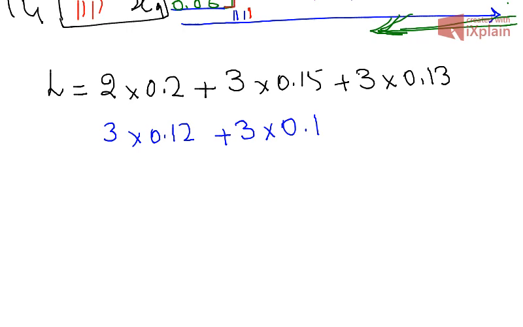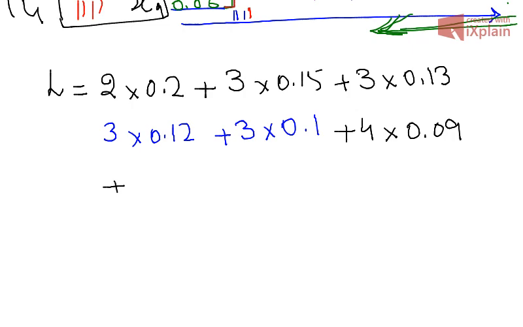Now we come to the 4-bit code word alphabets. Four bits are required to store a letter with probability 0.09, right? And that is x6. 4 bits is assigned to x6.